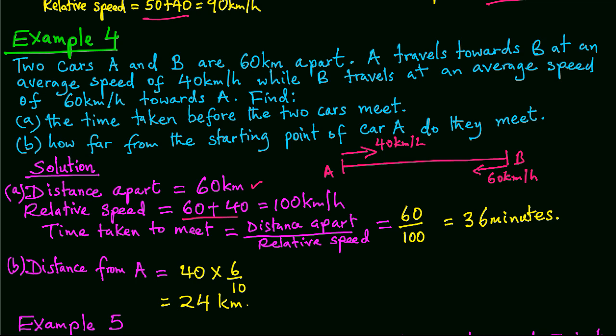We have 60 plus 40, 100 kilometers per hour, and therefore time taken will be distance between them over the relative speed, and that would be 60 over 100, which is 0.6 hours or 36 minutes.